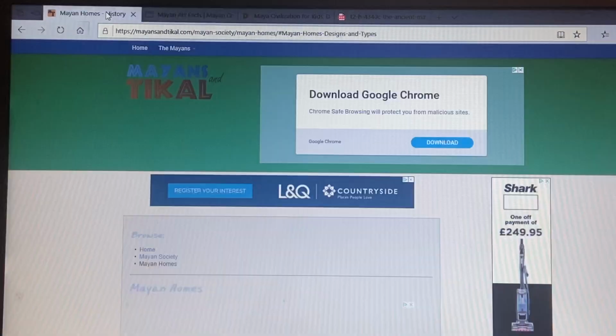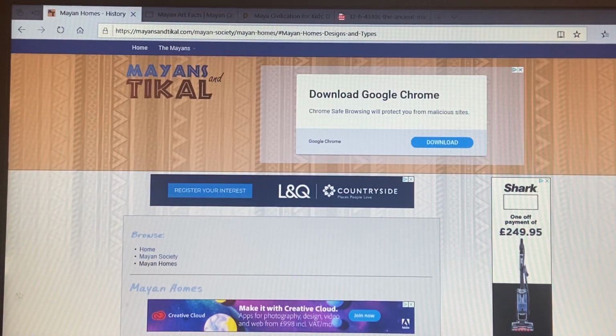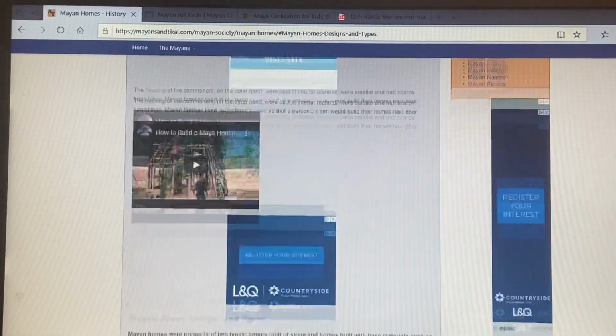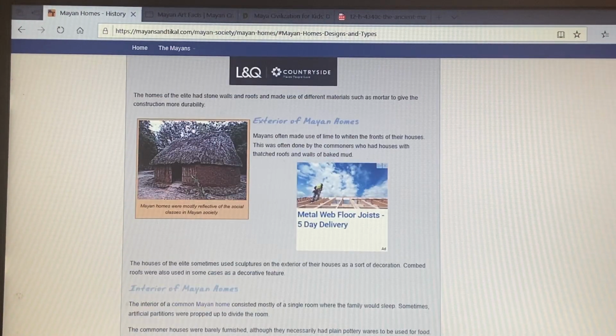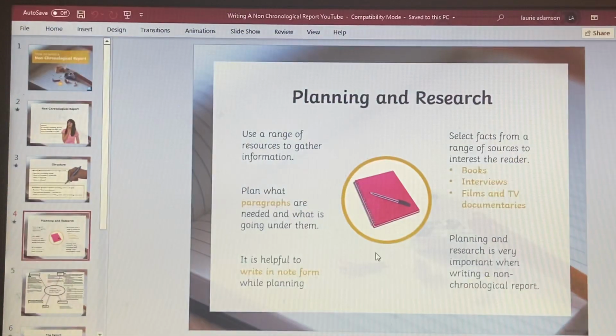And I've got another site here, which is just a site that I quickly found that has some information on how to build a house. So as you can see, I've used different types of information to help me with my work there.